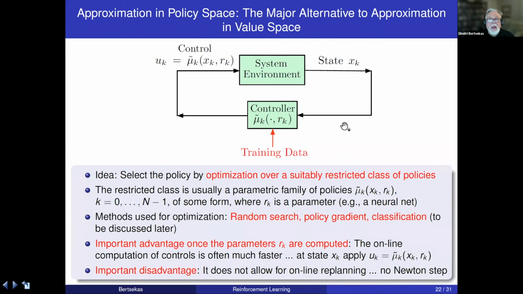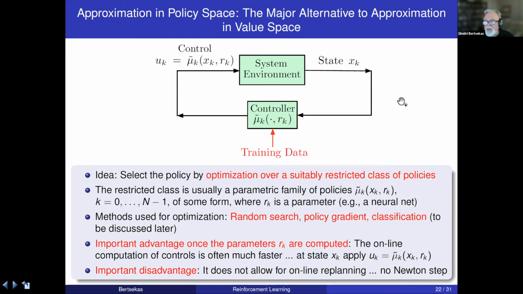So now let's look at approximation in policy space in conjunction with approximation in value space. Professor? Yes. Could you do an online replanning by considering the parameters r as controls, or it doesn't make sense? Well, it's very difficult because this training takes a long time and you don't have enough time online usually.